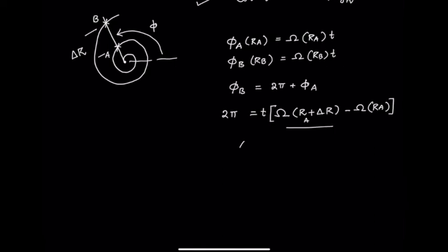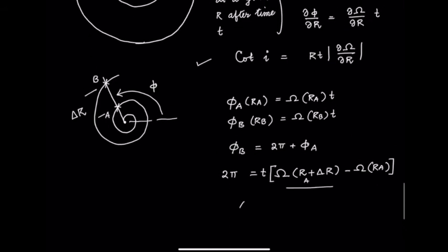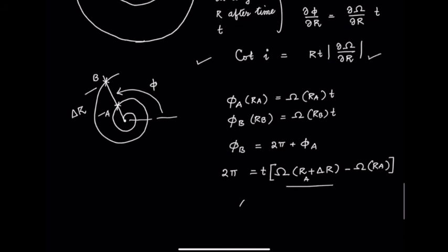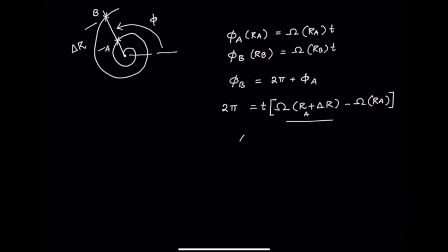The first term will cancel out: omega at Ra will cancel out. The second term will have del omega del r, which I can replace by cot I from here. So what I will get by doing all this is delta r as 2 pi r by cot I.